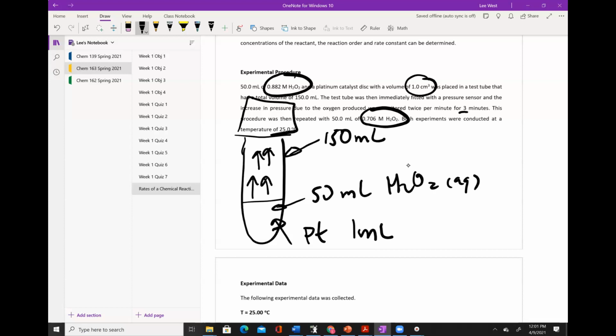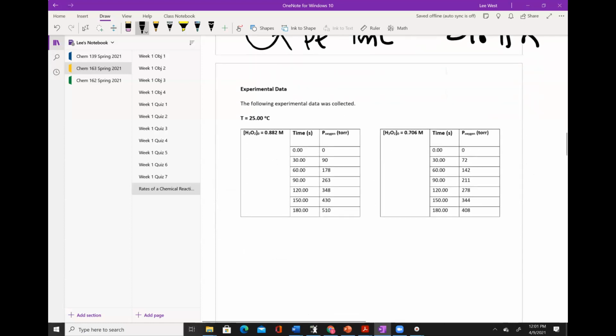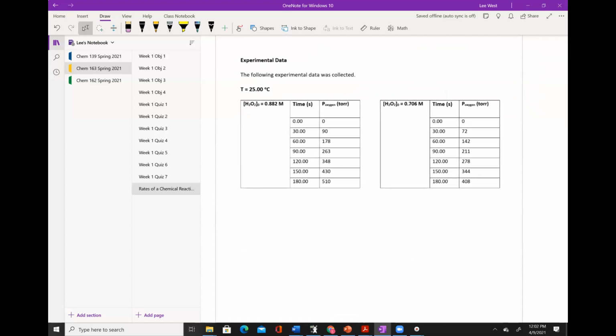The whole thing is going to be thermostated at exactly 25 degrees Celsius, or 298.15 K. When I do that, I get this data, where I'm getting a point every 30 seconds. Initially I zero out the pressure meter, I wait 30 seconds, and the pressure rises because I'm making oxygen, and so on for the whole 180 seconds, or the whole 3 minutes.